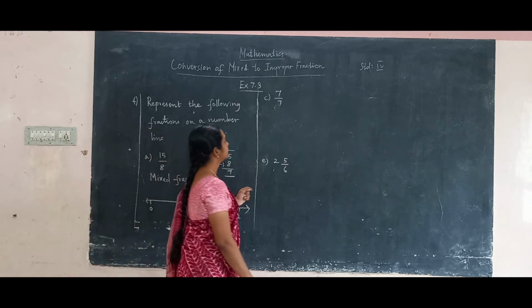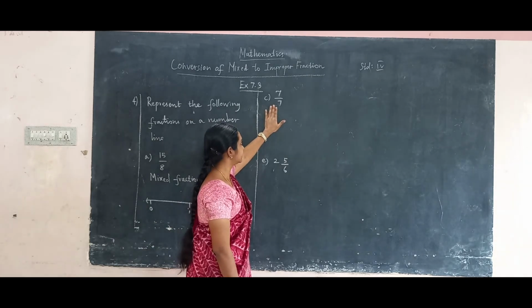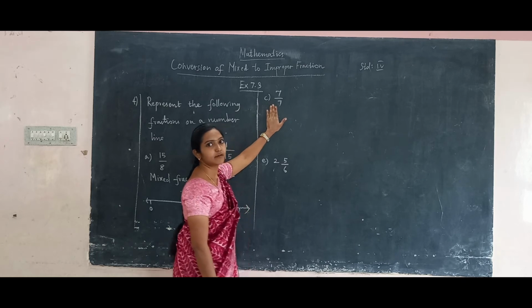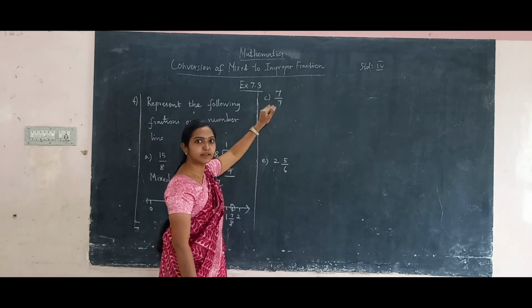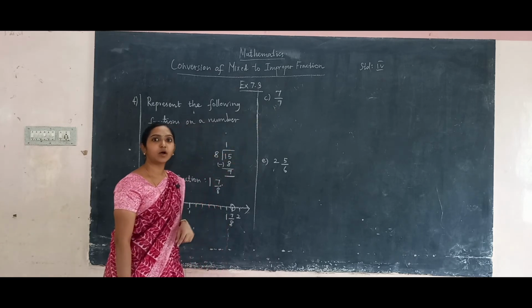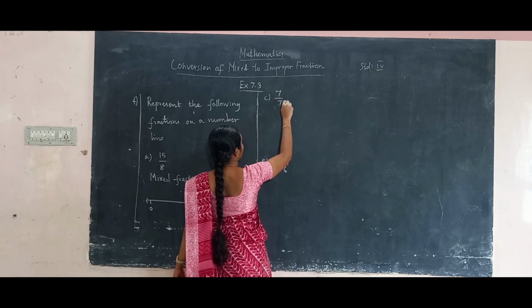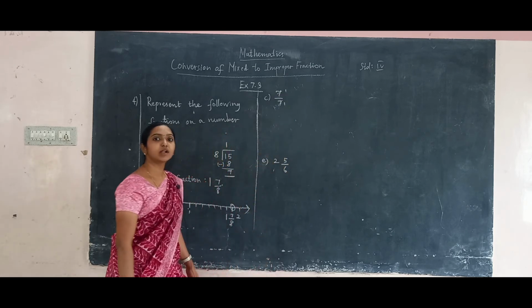Next, the fraction here is 7/7. This is an improper fraction. But if we simplify this, we will get 1. 7 by 7 is 1.